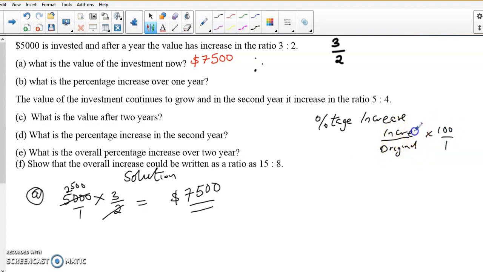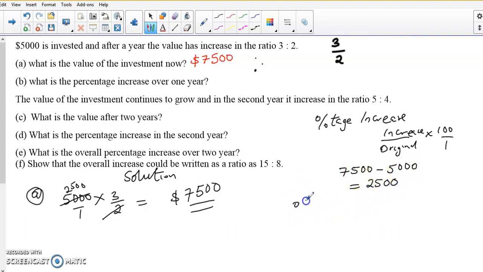And our increase there simply means 7,500 minus the original amount, which is 5,000. So if I subtract this, I will have 2,500. So 2,500 is our increase.